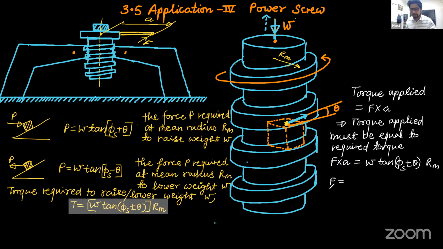So I get F equal to W Rm tan(phi_s plus or minus theta) upon a. Here, a is the length of the lever arm.